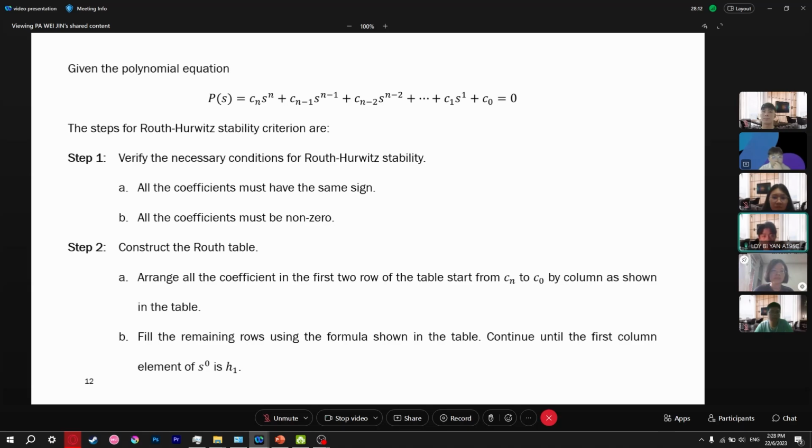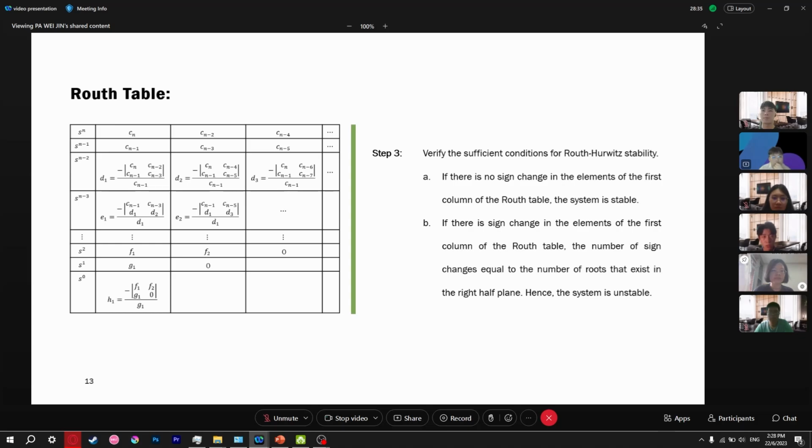Then, to construct the Routh table, we arrange all the coefficients in the first two rows of the table, starting from Cn to C0 by column as shown, and then fill the remaining rows using the formula shown in the table. We continue until the first column element of s to the power 0 is h1. This is an example of the general form of the Routh table.